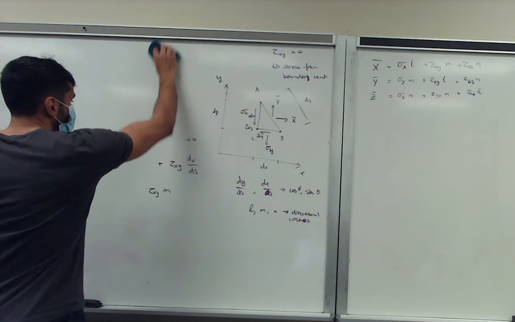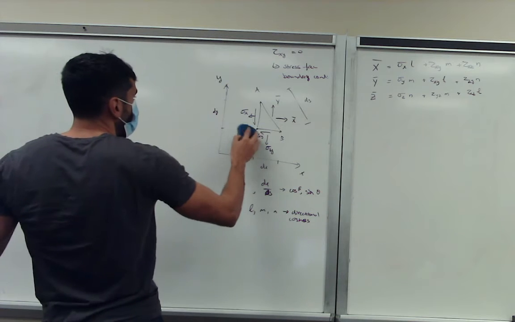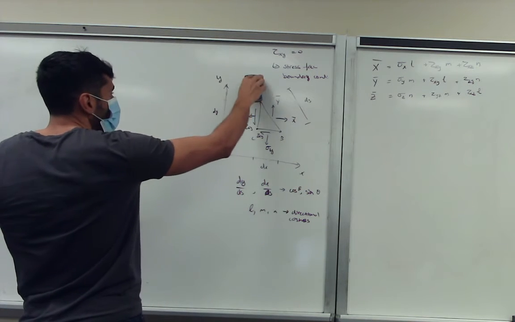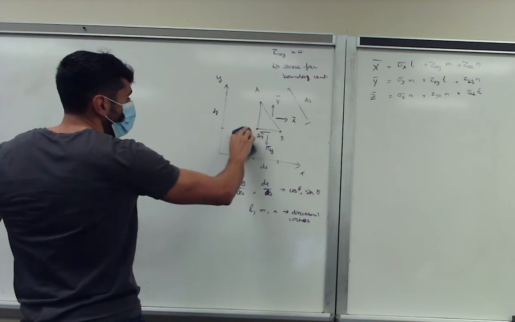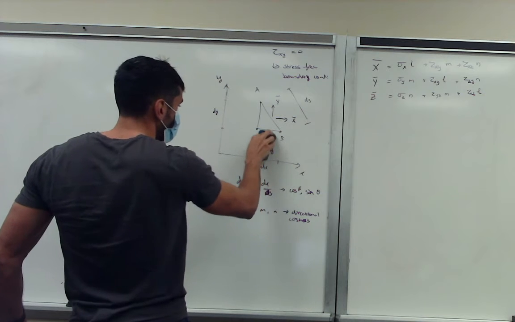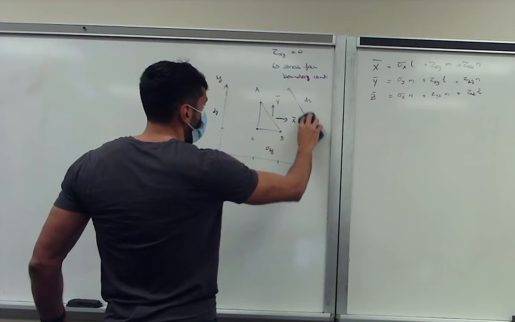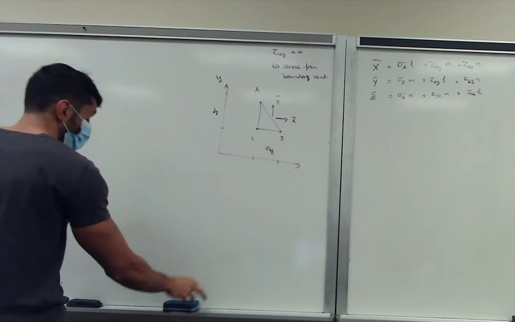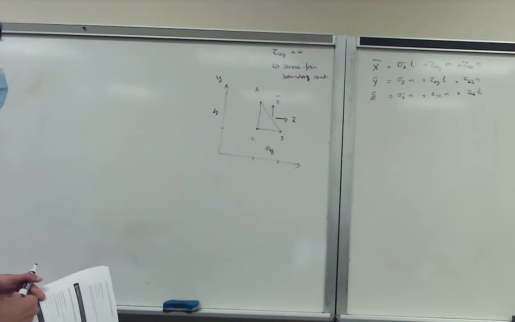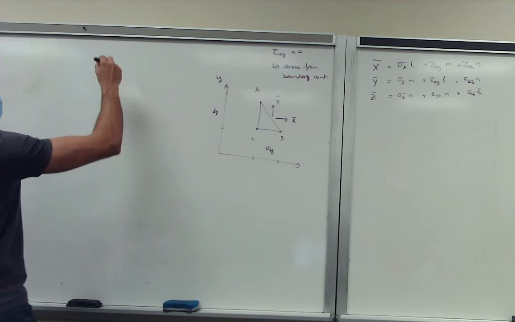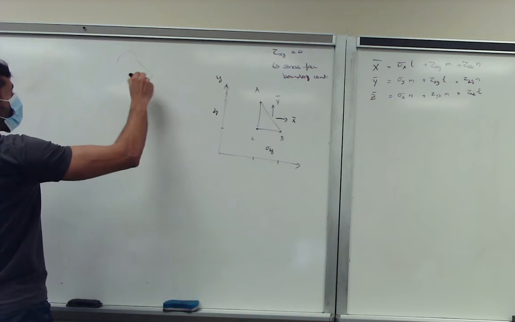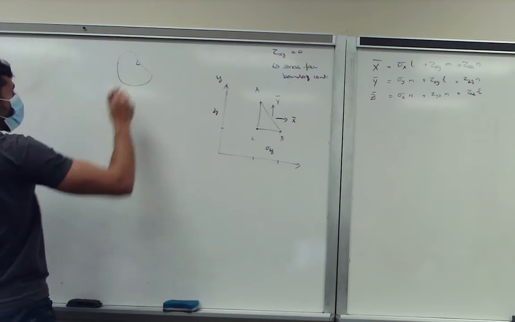So we go back to this drawing here and go back to what I mentioned earlier: this must be true along the whole boundary of the element, and recall that we took this small element.